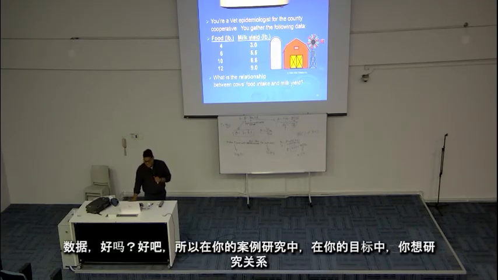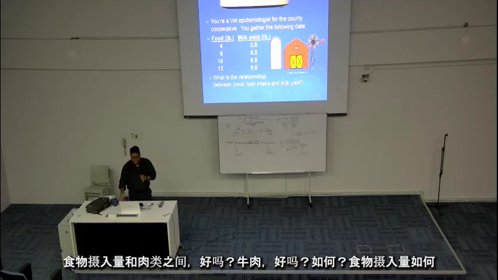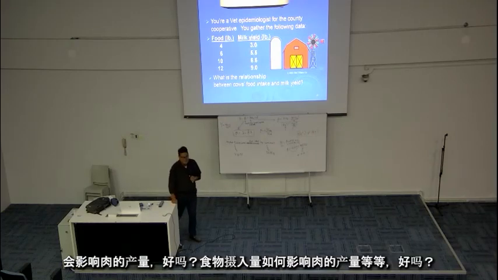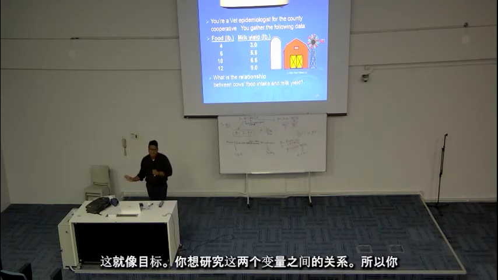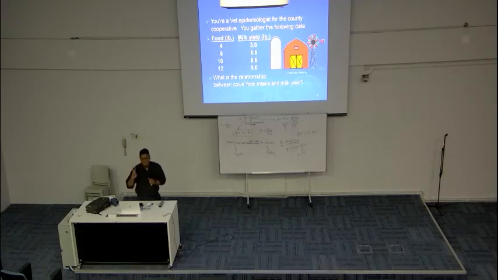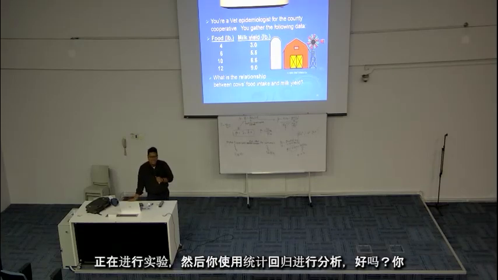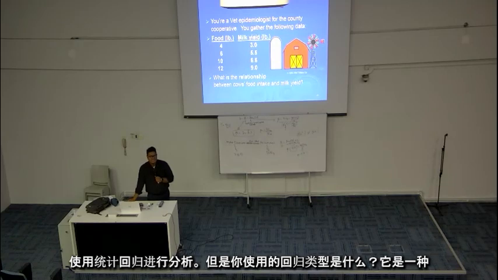In your case study, your objective is to study the relationship between food intake and the milk yield of cows. How does food intake affect the production of milk? You want to study the relationship between these two variables. You are conducting an experiment, and then you analyze using statistical regression.